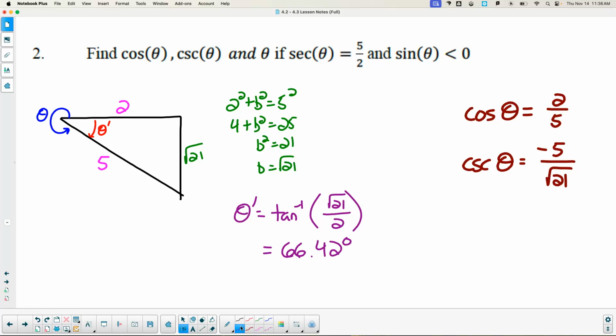But because we are in quadrant number 4, actual theta is 360 degrees minus my reference angle, which is 293.58.